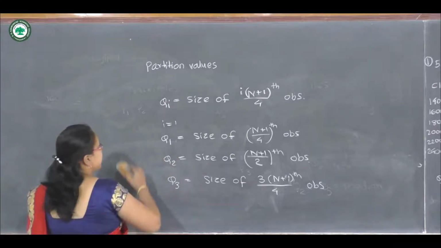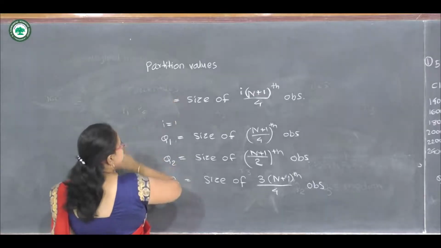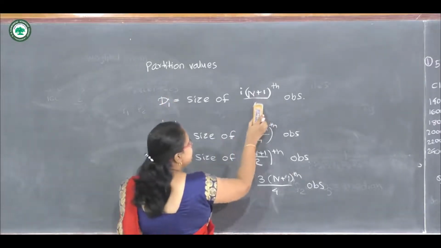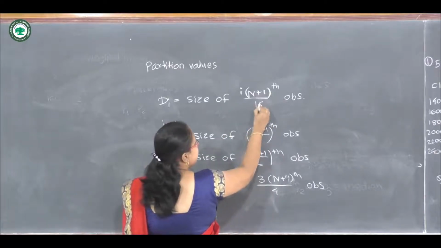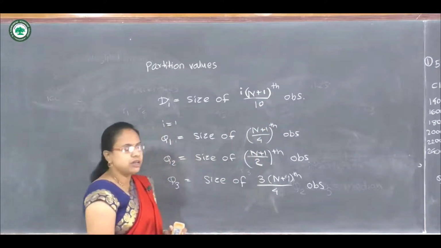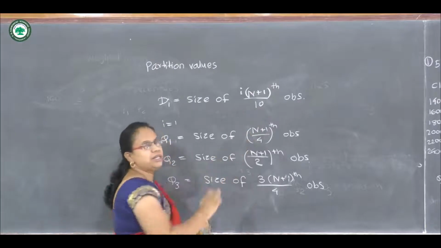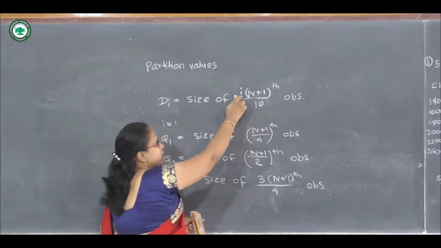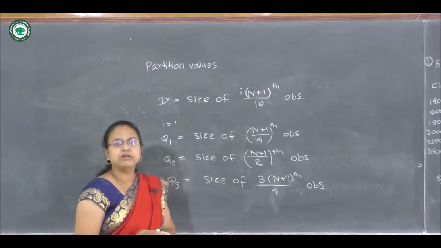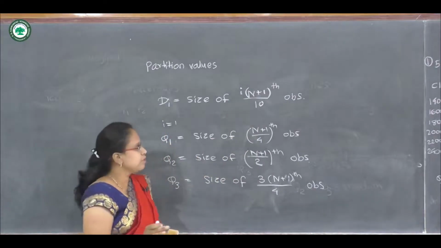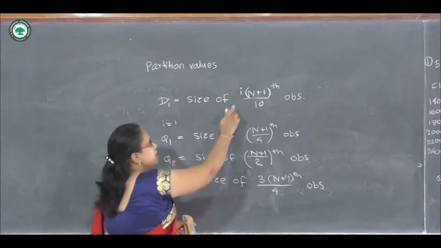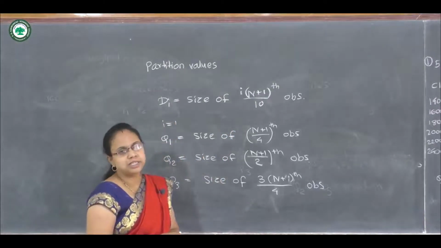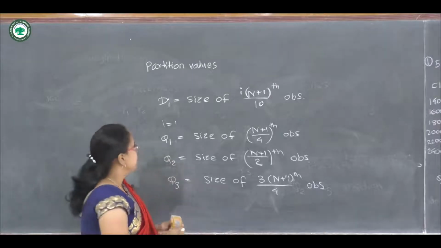We can write Di as the size of i into n plus 1 upon 10th observation. It divides the data into 10 equal parts, so I have written 10 here. By substituting i equal to 1, 2 and so on up to 9, we will get D1, D2, and so on up to D9, that is 9 deciles.